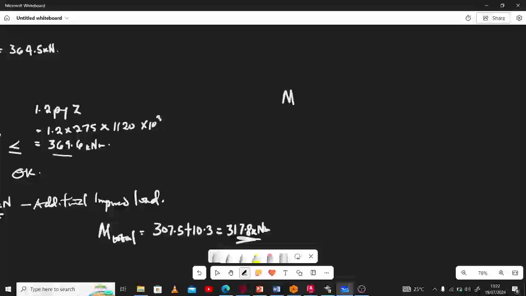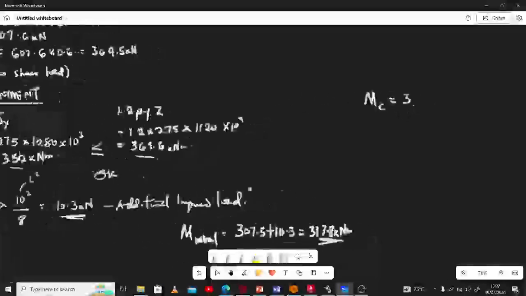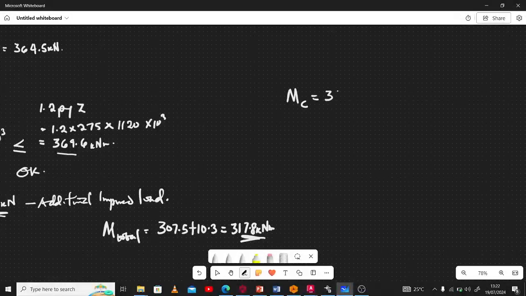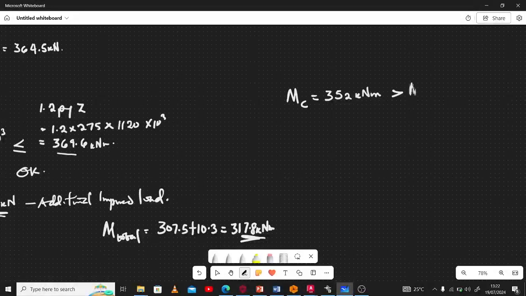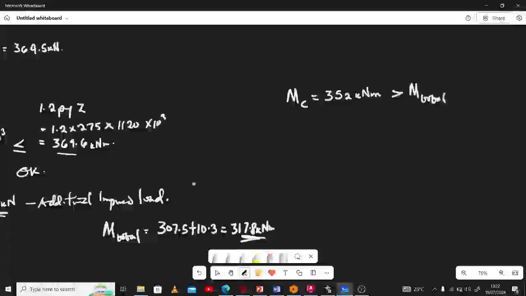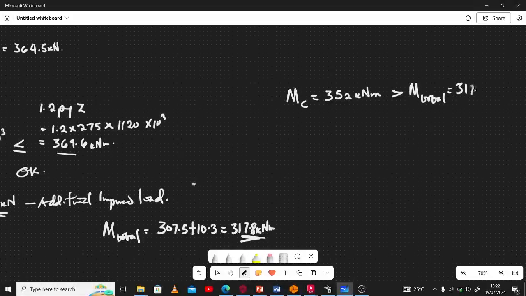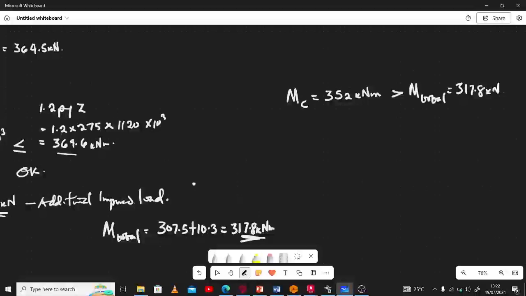So moment capacity Mc is equal to, what do we have here earlier? 352 kilonewton meters, and it is greater than M total, which is 317.8 kilonewton meters. Therefore, the section that we selected is suitable.